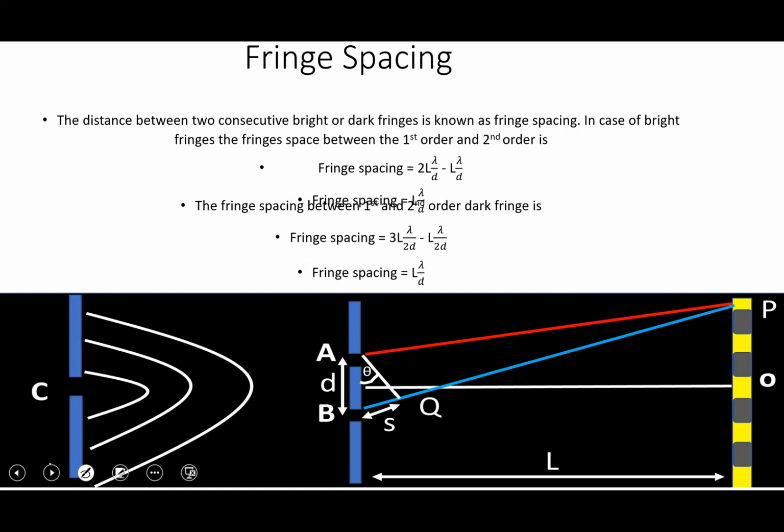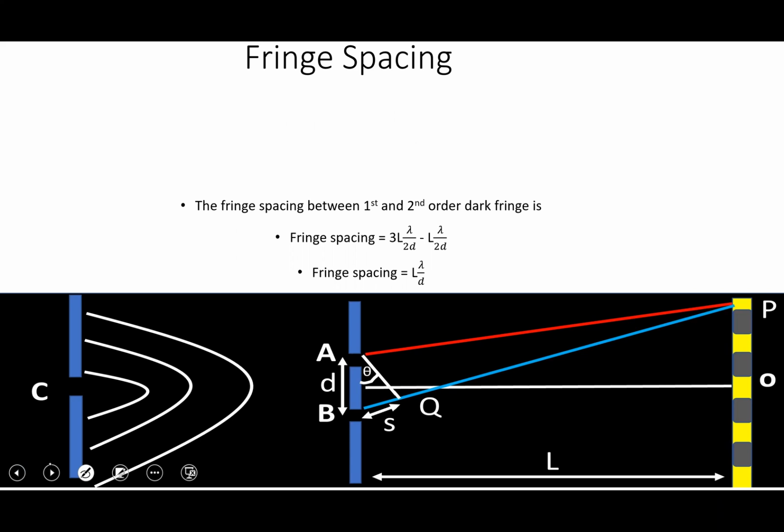If we consider the dark fringe, now if this is the half and this is 1.5 or 3 by 2, we can say, then what is the difference between these two fringes? The fringe spacing between the first and second order dark fringe is going to be 3 by 2 L lambda divided by D minus L lambda by 2D.